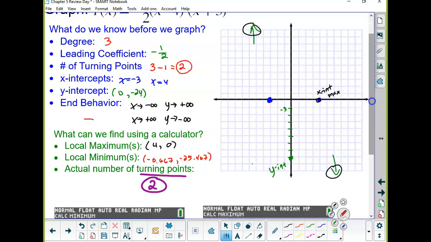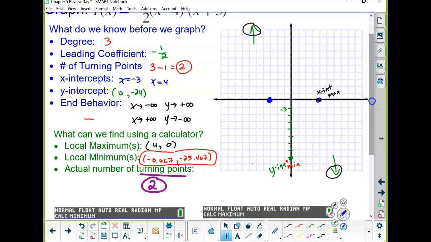And then the minimum, go over negative 2/3 down 25.467. I can't be accurate there, right? So then I could just write minimum, and if I have the minimum recorded on my paper, then the person reading my graph can look and know exactly where that red point is supposed to be.